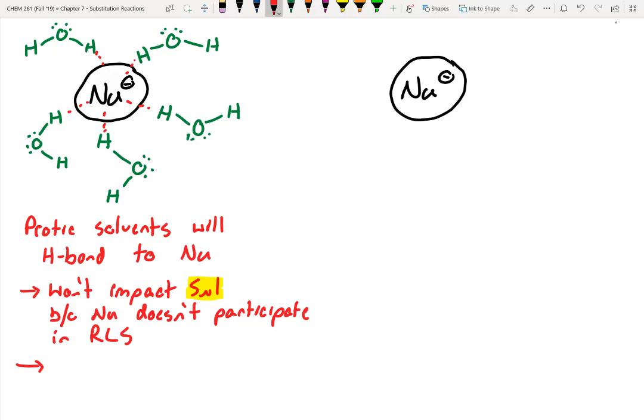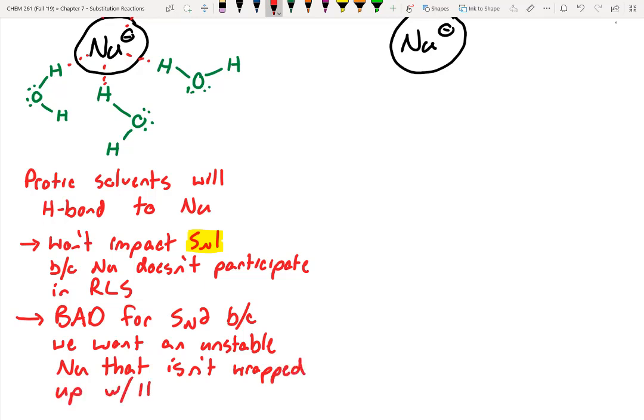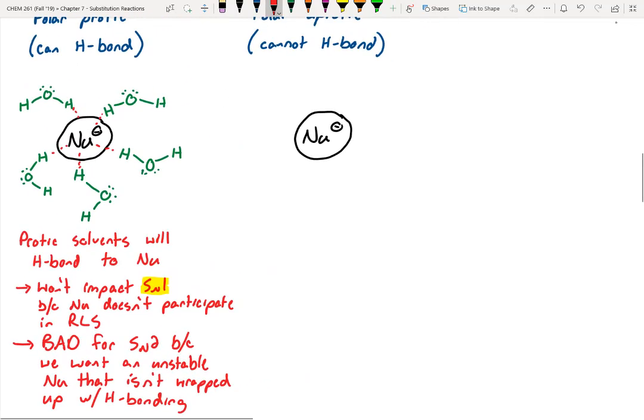So let's make a note here. This is bad for SN2 because we want an unstable nucleophile that isn't wrapped up in solvent. All right, so let's kind of look back at this.